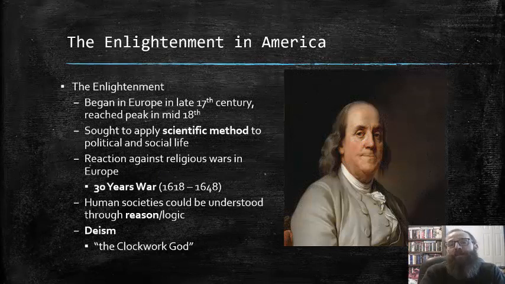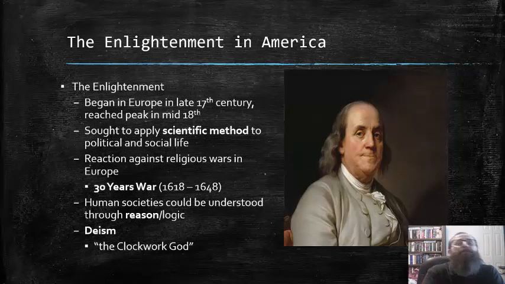All of these new ideas of republicanism and liberalism and individual rights were all born out of a movement known as the Enlightenment. This movement began in Europe in the late 17th century but reached a peak in the mid 18th century. The thinkers of this movement, primarily from France and Britain, particularly Scotland, sought to apply the scientific method to political and social life as well.